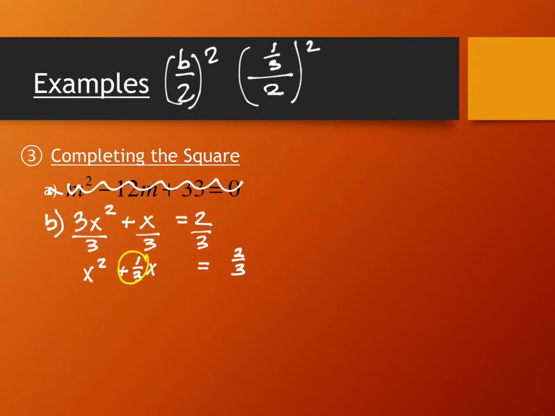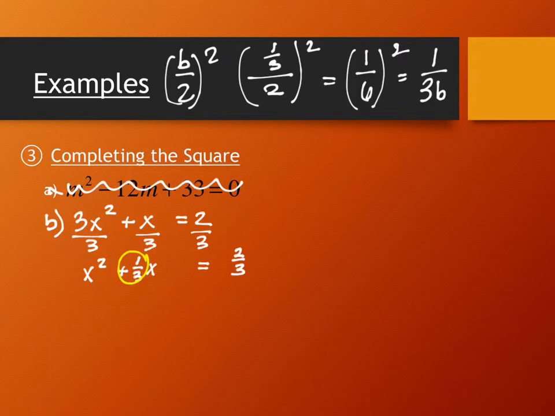Your calculator is going to make it kind of ugly. What is 1/3 divided by 2? What's half of a third? It's 1/6. What is 1/6 if you square it? 1 over 36. I know they're fractions, but it's actually not an awfully ugly one.